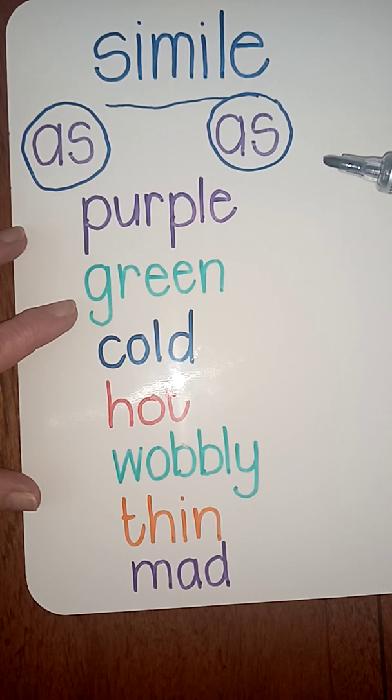But the old one, and the one that we normally use, is as green as grass. But it wouldn't be winter grass, because winter grass isn't green, winter grass is yellow. And we wouldn't say as green as Barney, because that is not similar. Purple is similar to Barney, and we wouldn't say as purple as grass, because grass is never purple, unless you've painted it, like Anne in the house that had enough.